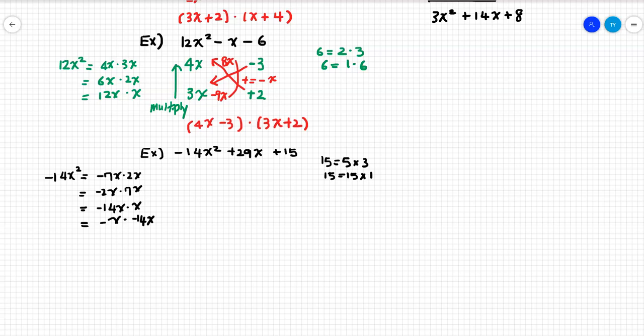Let's try, I don't know, the closest one is going to be minus 2x and 7x, and I'm going to try 5 times 3.